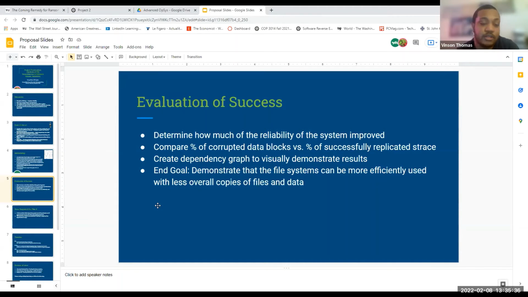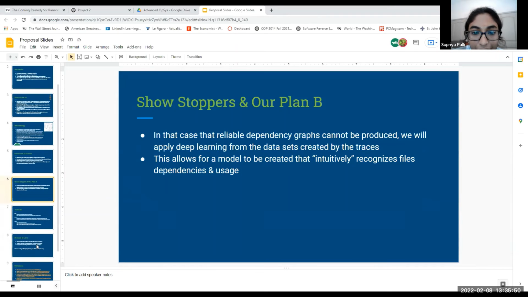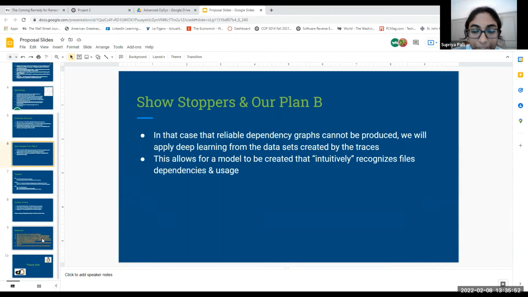Our end goal is to demonstrate that file systems can be more efficiently used with fewer overall copies of files and data. In the case that we can't have reliable dependency graphs, we're going to apply deep learning as our plan B from the data sets created by the traces. This can allow for a model that intuitively recognizes file dependencies and usage.